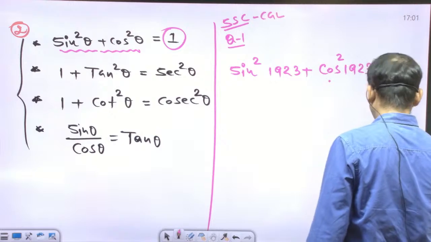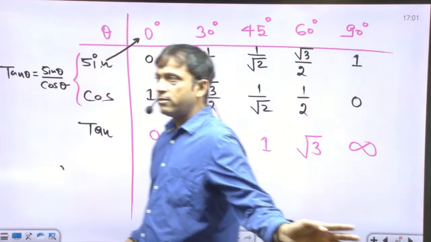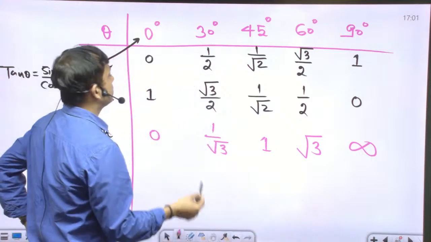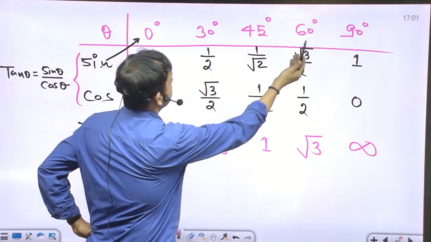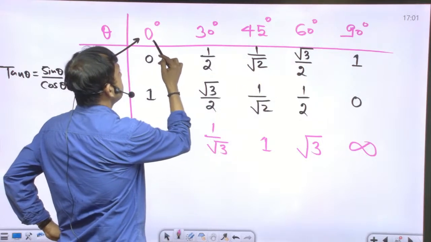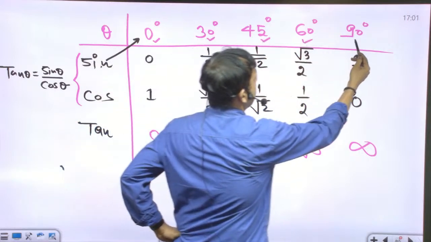Okay, then take the list again. These students are asking about the values of 75, 70, 50, 18, 15. These are not basic angles. The basic angles are 0, 30, 45, 60 and 90.